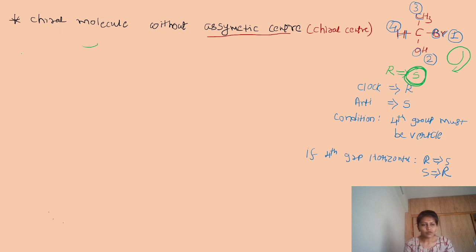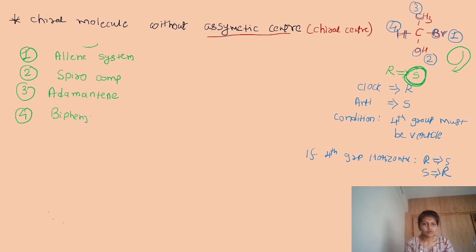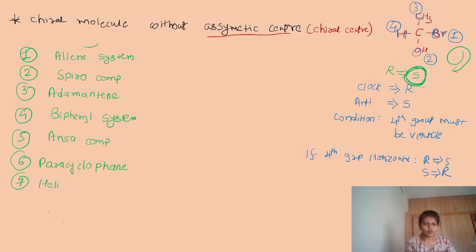Their examples are: first one is the Allene system, next the Spiro compound, third Adamantane, fourth the Biphenyl system, next the Ansa compound, paracyclophane, and the last one is the helical compound, right?